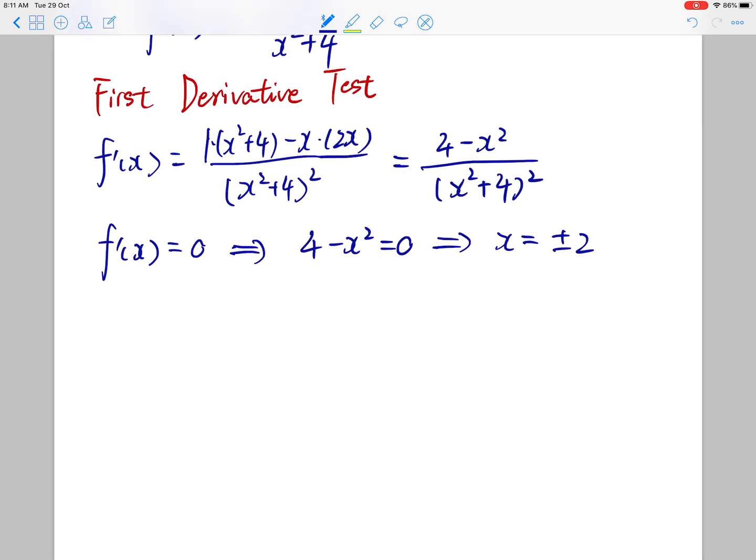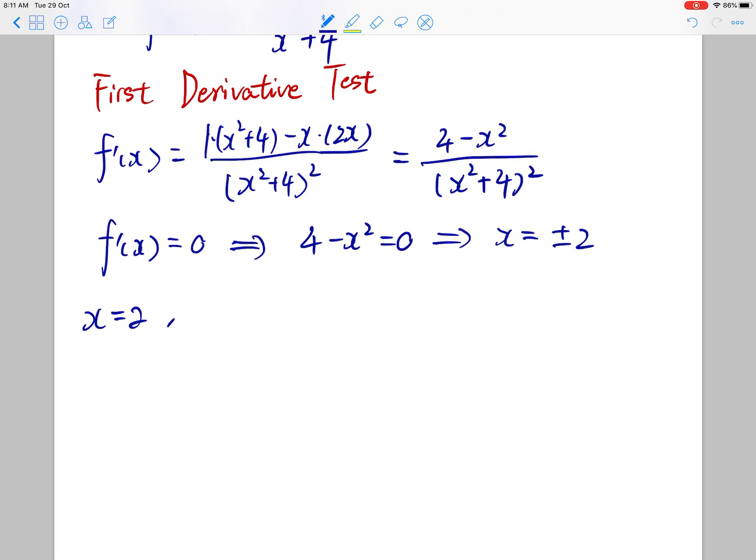Okay. When x is positive 2, let's check its derivative, f prime x. Okay, and we can draw this table. For x at positive 2, slightly greater than 2, and slightly smaller than 2, what is the derivative?